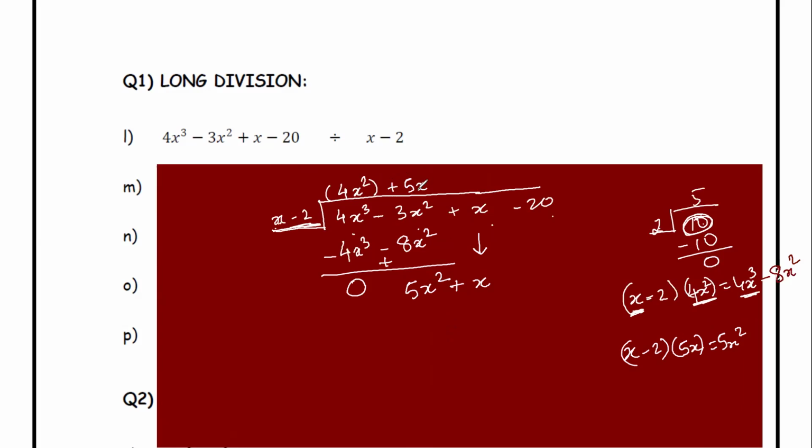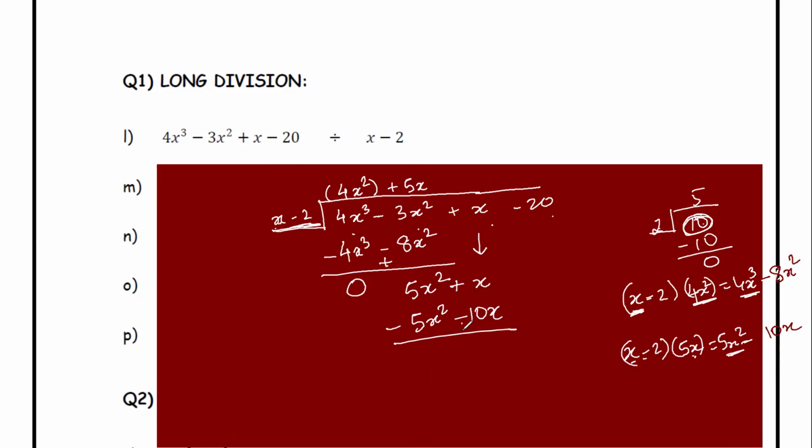So x into 5x gives you 5x square. Minus 2 into 5x gives you minus 10x, right? Understood? So you write down 5x square and minus 10x.